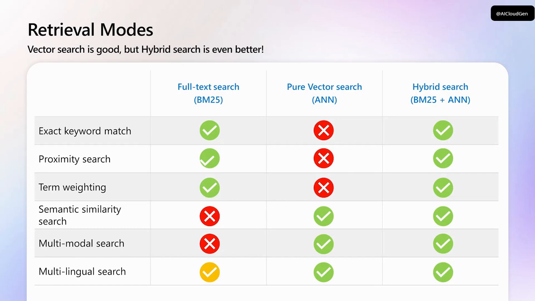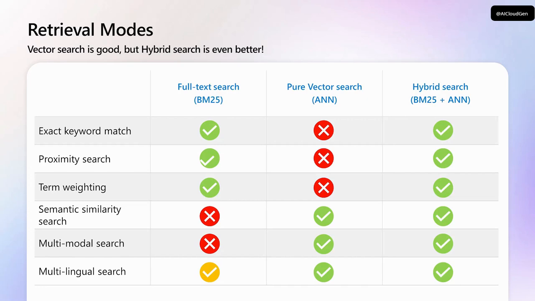How can I get the best of both? If you do a hybrid search, which includes BM25 and ANN ranking, then when someone issues a search query, you do a vector search and a text search, bring the results together and sort them based on the BM25 and ANN mechanisms. Then you can provide a filtered response back to the user.